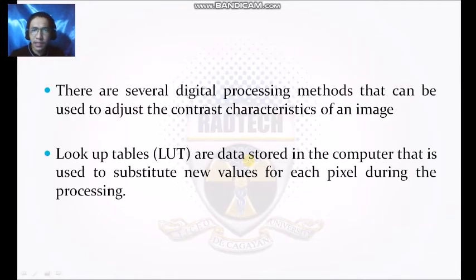Okay, so there are several digital processing methods that can be used to adjust the contrast characteristic of an image. So we have here the lookup table. The lookup table is actually integrated in the automatic scaling system. Lookup tables are data stored in the computer that is used to substitute new values for each pixel during processing.